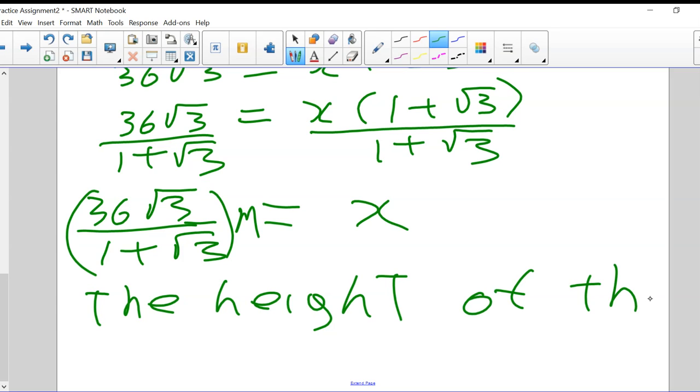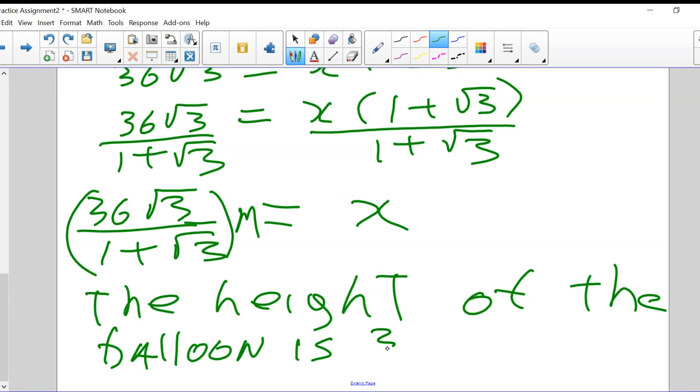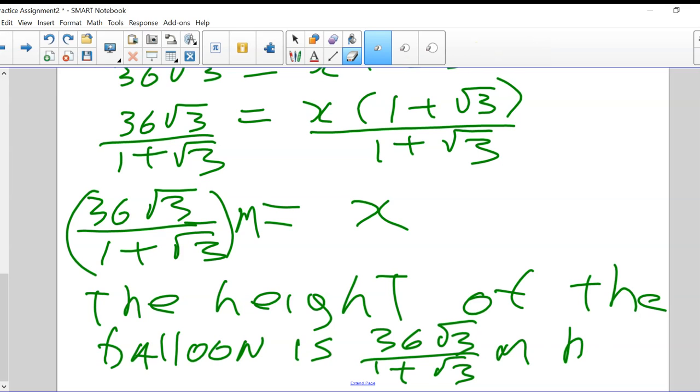Of course, I might want to spell balloon right. Is 36 root 3 over 1 plus root 3 meters high. Or just meters. I don't think we need to say meters high.